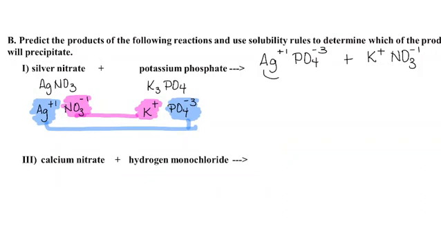So the chemical formula for this new pair is going to be Ag3PO4. The chemical formula of this new pair is just KNO3. Okay, put a 2 in the chat if it makes sense, the work that we have done.